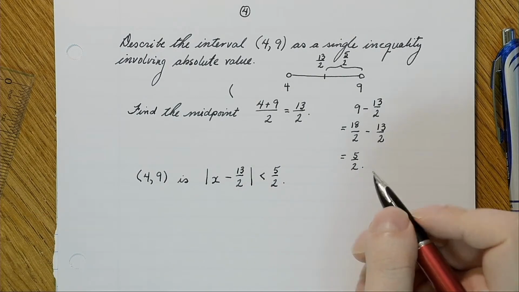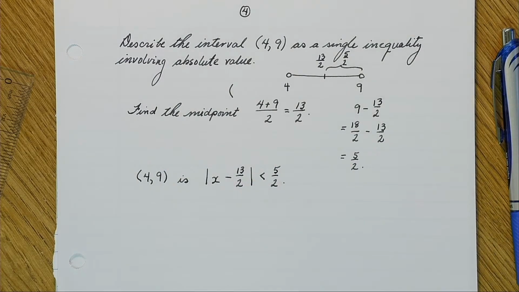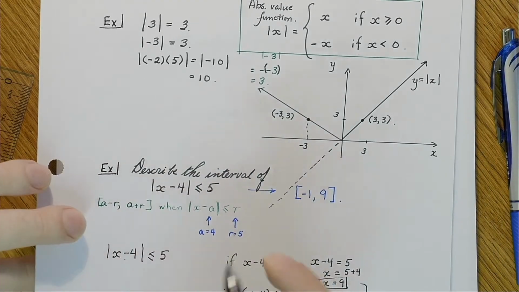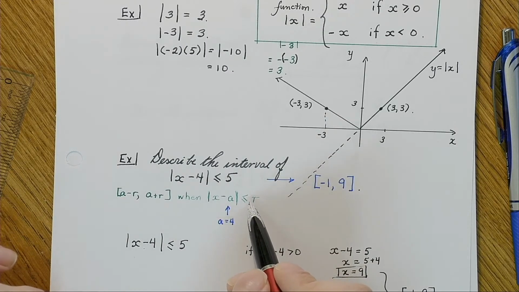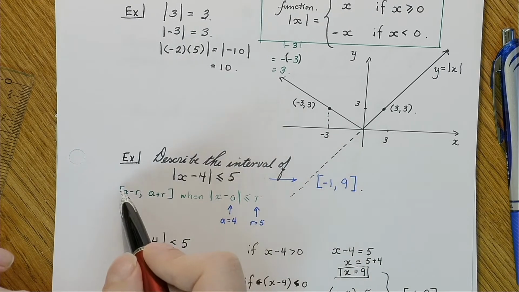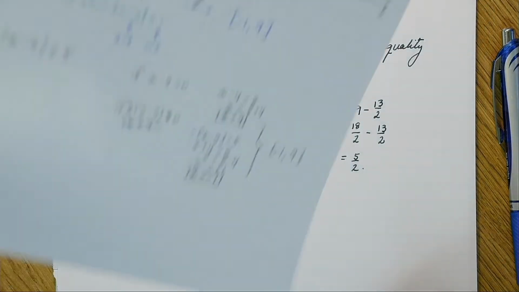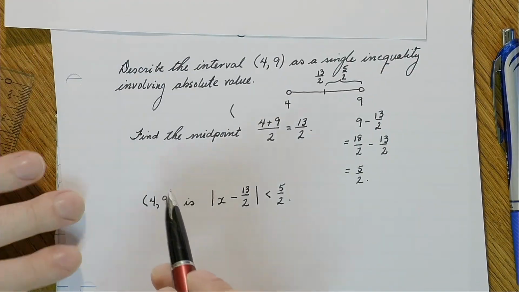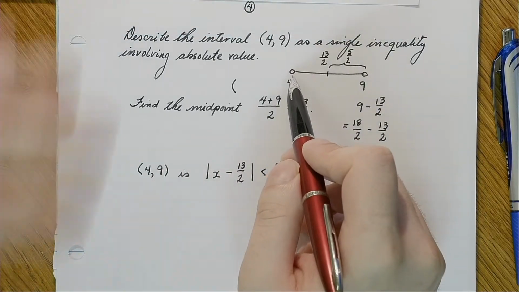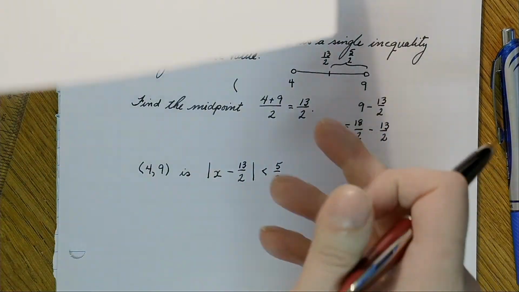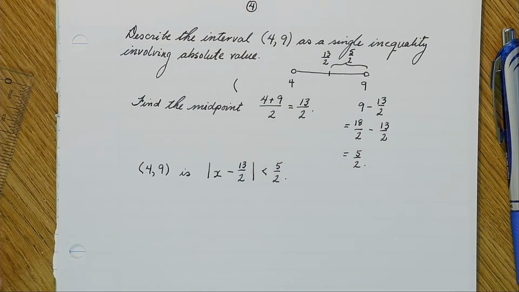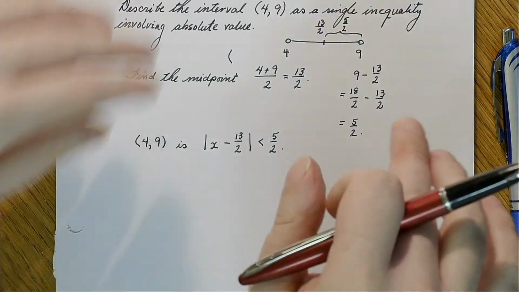Now, you might be asking why I am not using the less than or equal to. Well, that's because in this case, I have round brackets, so I don't want to include the endpoints. And again, I drew them with the open circles there as well.